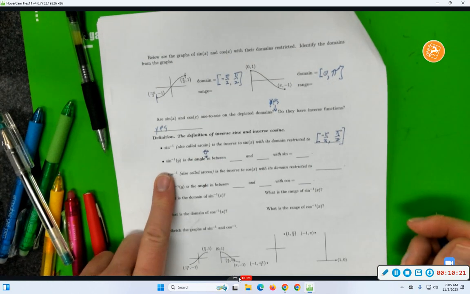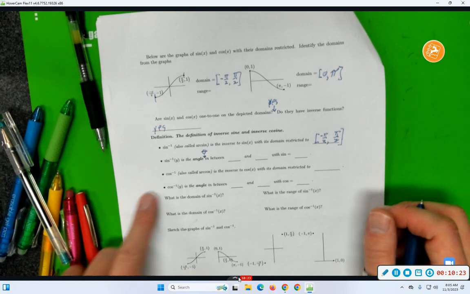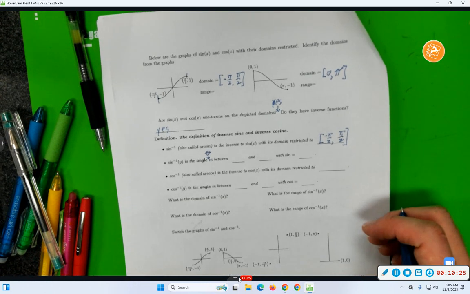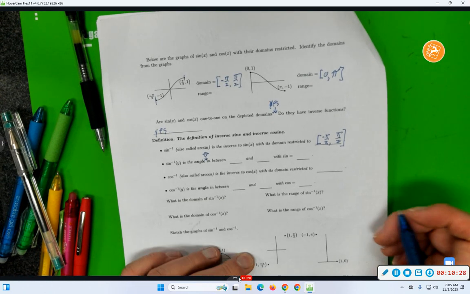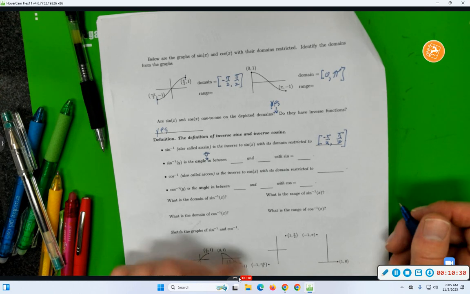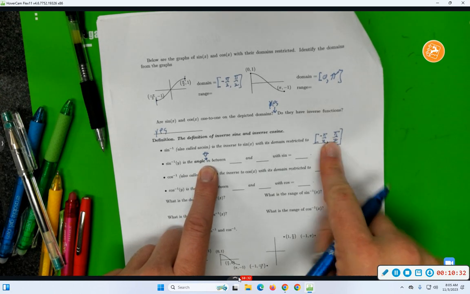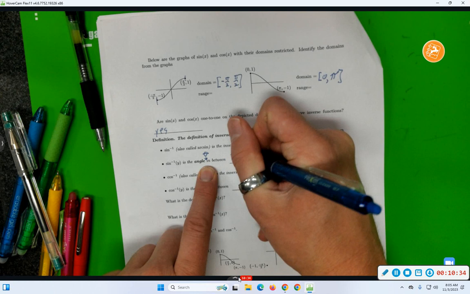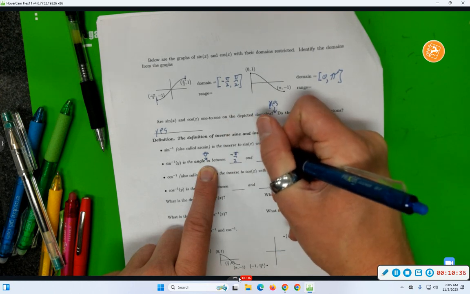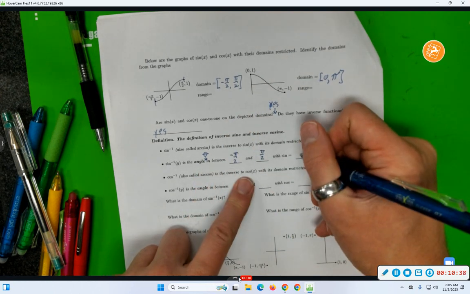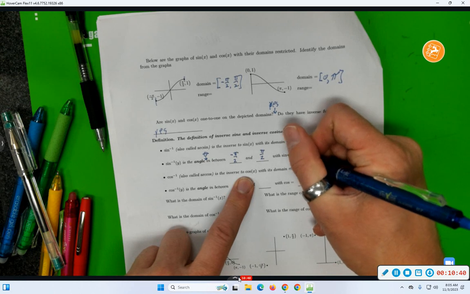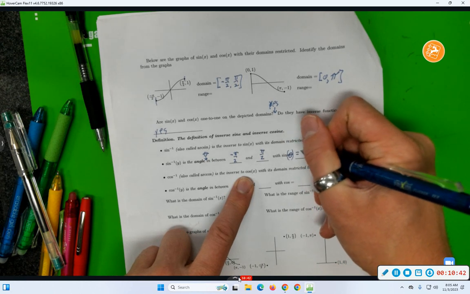Let's call it theta because it's an angle. You should give angles Greek letter names. Not for any good reason, just for conventional reason, and it helps you keep track of what's what. It is the angle which lives in this range, in between negative pi over 2 and pi over 2, with sine of this angle theta equals y.